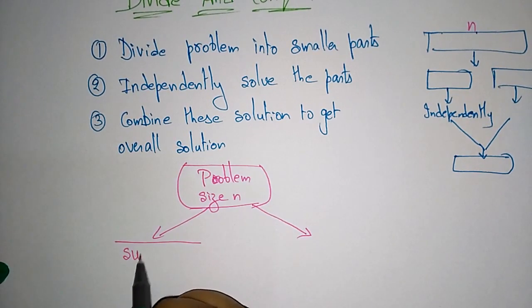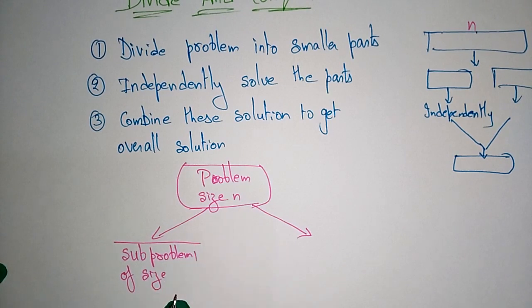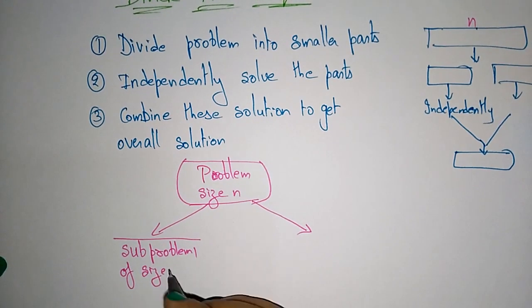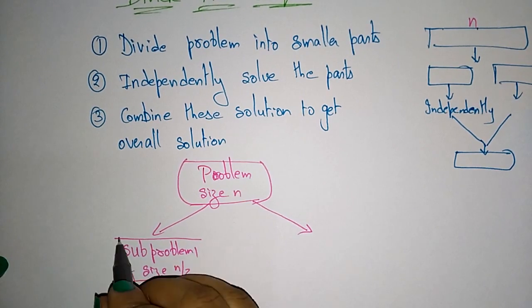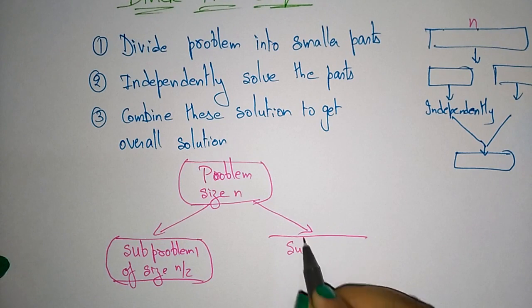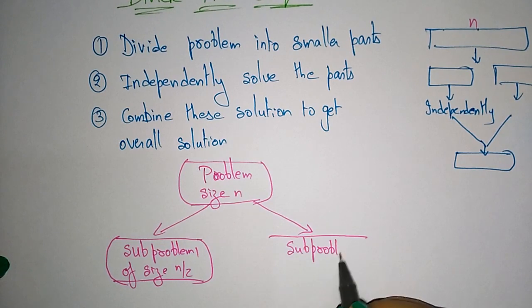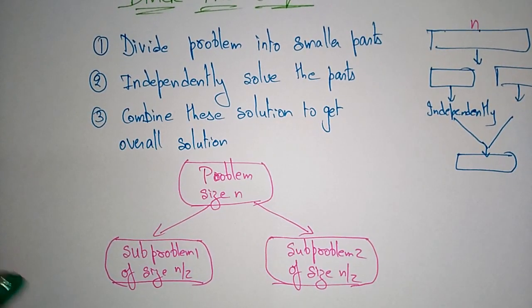This is sub problem 1. The actual problem size is n, but I divided the problem into halves, so the size becomes n by 2. This is sub problem 1 and this is another sub problem 2, each of size n by 2. Now the problem is divided into two smaller parts.